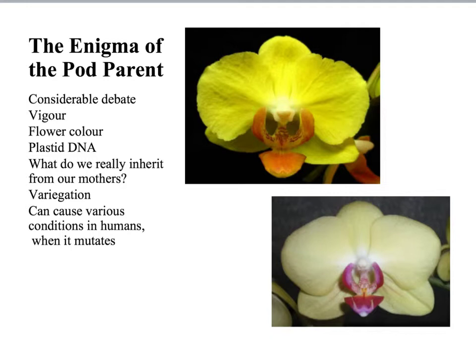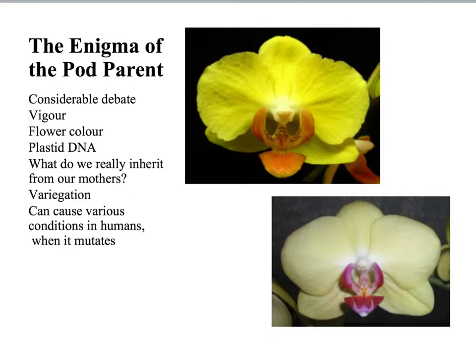There is a lot of debate about this, and perhaps some people are seeing trends where there aren't, but there is a certain amount of science behind it. The examples that I have here are of very closely related crosses of another orchid, and the one at the top, as you can see, has a much better yellow colour than the one at the bottom.